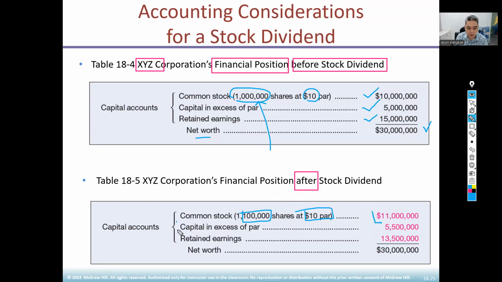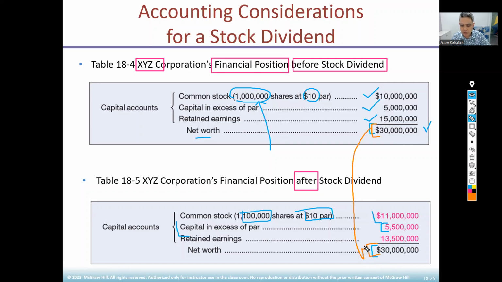But when you think about it, the capital in excess of par is actually 5.5 million, which is basically a calculation on the difference between the stock that was paid and the amount received, and also the par value, which is 10 par. And then your total equity is still 30 million. So it's the same. Let me mark it so you can see it. So it's actually the same.